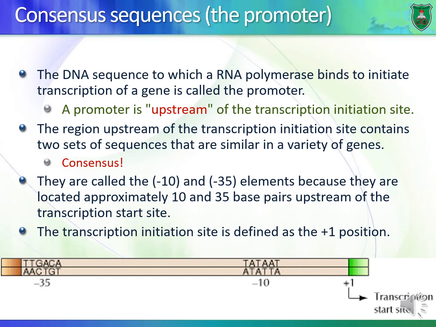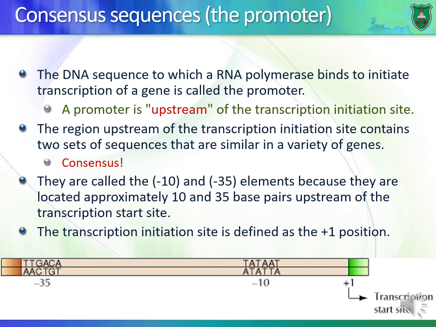It is located upstream of the transcription start site. And usually the start site of transcription is indicated as +1. So the first nucleotide of the messenger RNA is known as the +1 nucleotide, the +1 site.